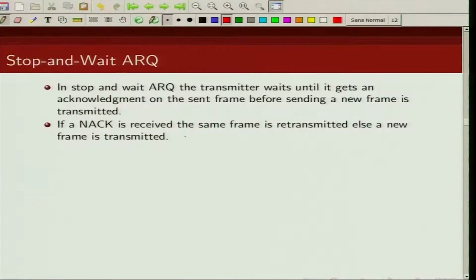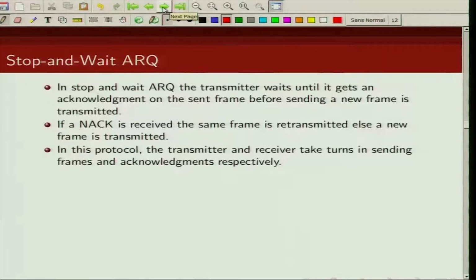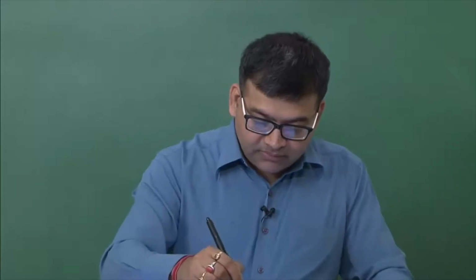So, if a NAK is received, the same frame is retransmitted, else a new frame is transmitted. In this protocol, the transmitter and the receiver take turns in sending frames and acknowledgements. The transmitter sends a frame to the receiver, and the receiver sends an ACK or a NAK back to the transmitter.